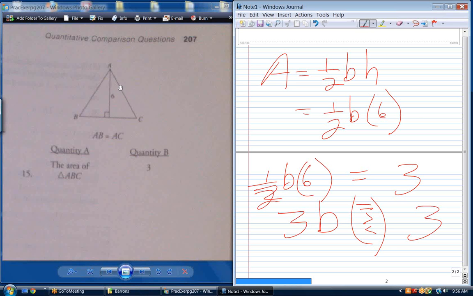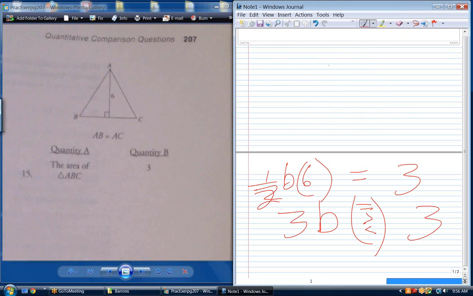Well, the only thing they're telling us is that this is an isosceles triangle, which means I can draw it in lots of different ways. I can draw it like this, or I can draw it like this. In other words, I can make that base whatever I want as long as that height is 6. So in this case, since the base can be anything, it can't be determined. Exactly.